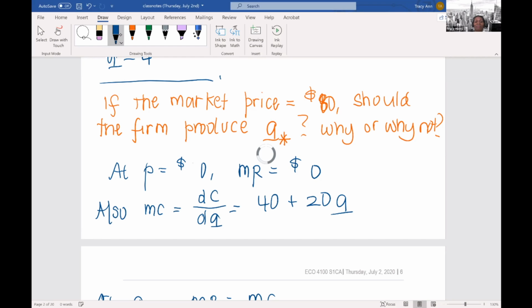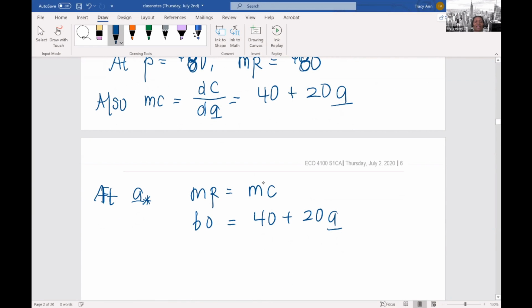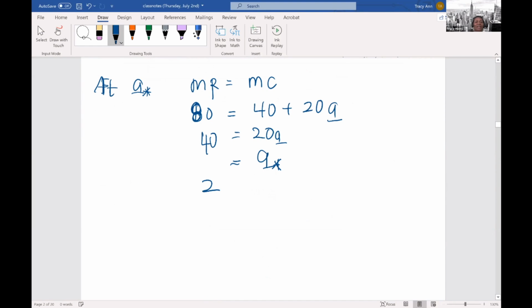I want us to get a positive quantity. So I'm going to take the suggestion from your classmate and make it 80. So at 80, we get 40 is equal to 20Q, so our Q star is equal to 2. Okay, great. Now we have to check at our Q star equal to 2.